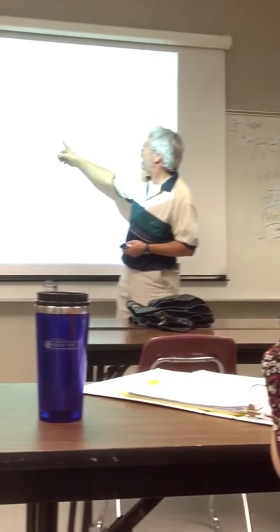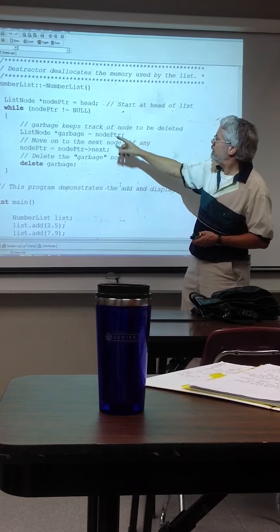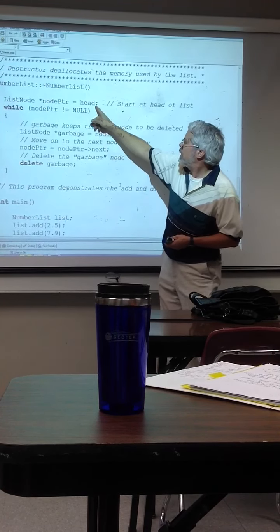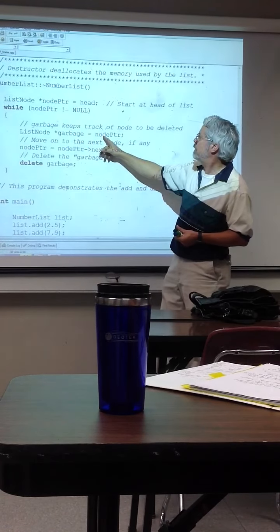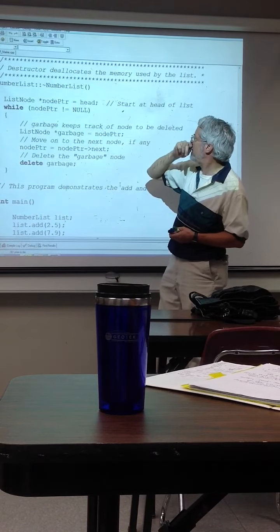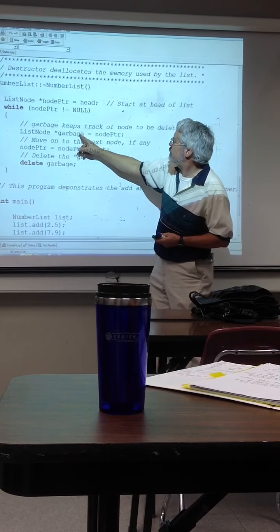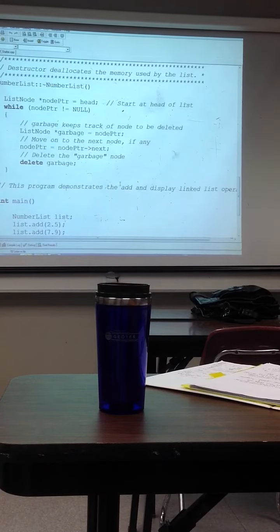I'm going to keep track of the node to be deleted. What he does is take the node pointer, set it to head, and then he's creating a brand new list of garbage. So he's saying garbage is a pointer to a list node.